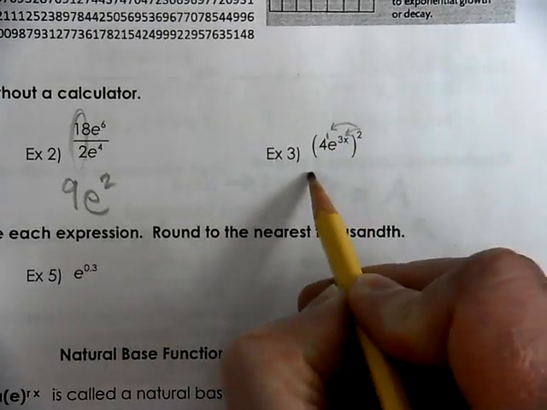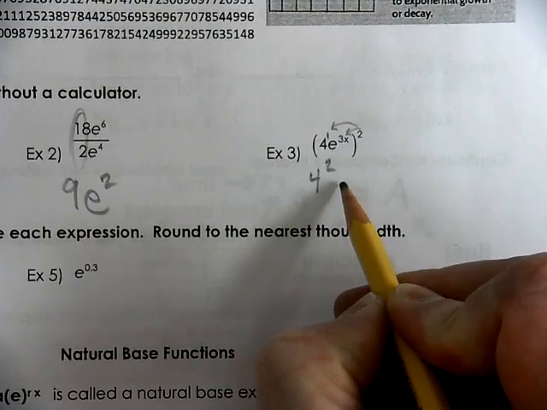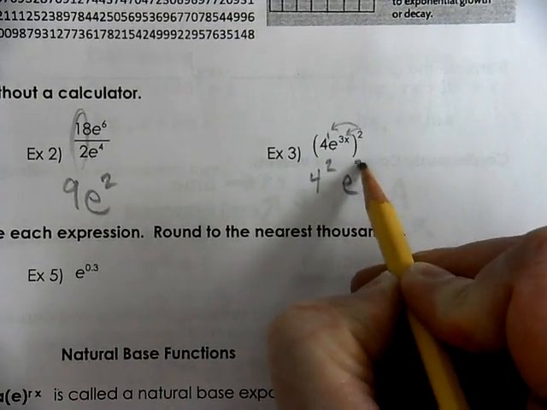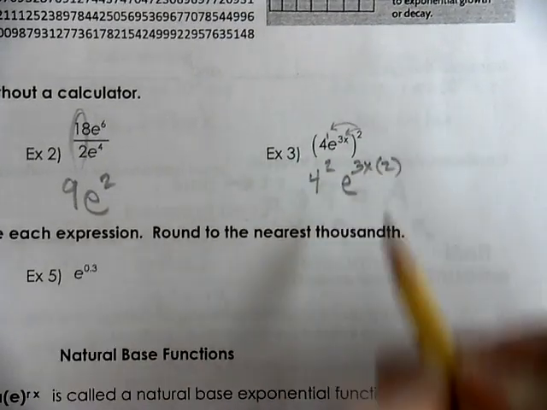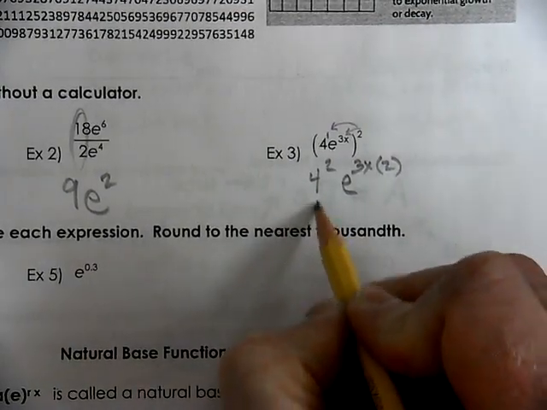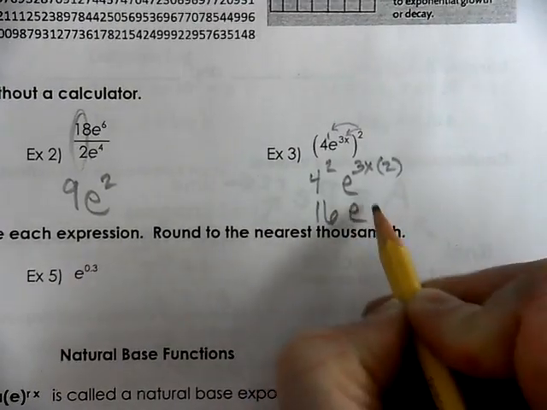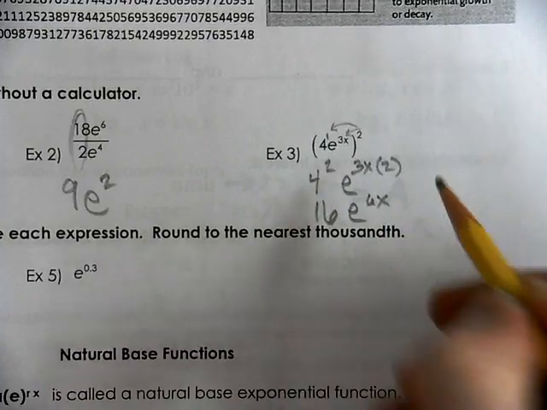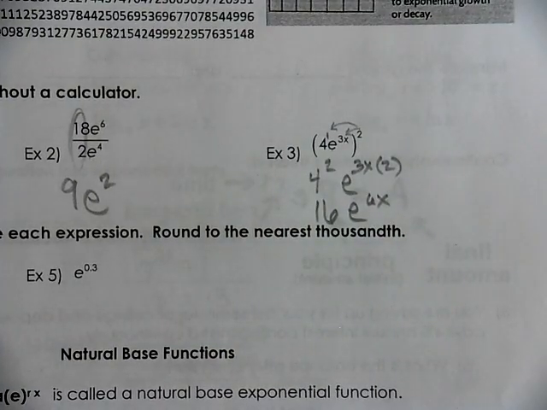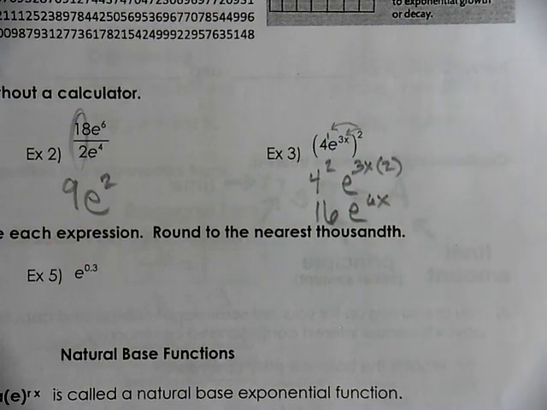So when you distribute in, we're going to get 4 squared, and we're going to get e to the 3x times 2. So that's going to be 16 e to the 6x. Not 6x squared, just 6x.